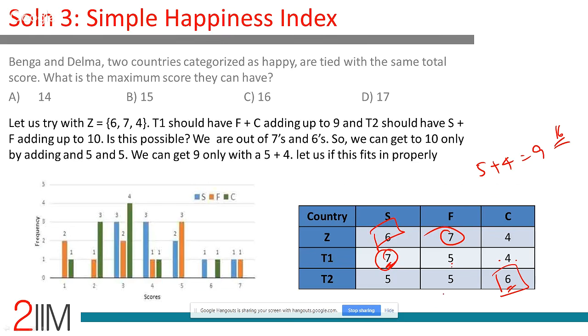Right? No, the 6 is gone here. So these two should add up to 10. The only possibility is 5 plus 5. We've run out of 6s and 7s. So do we have enough 5s to accommodate this? We've already taken a 5 from F. There are lots of 5s remaining.